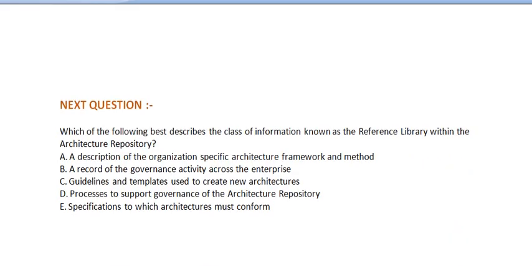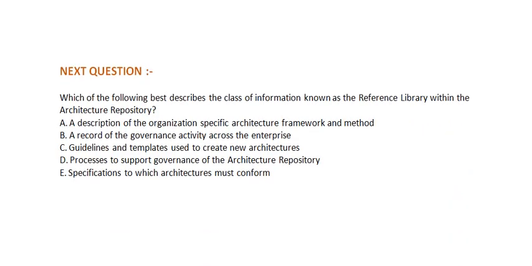Next question is: which of the following best describes the class of information known as the reference library within the architecture repository? Option A, description of the organization specific architecture, framework and method. Option B, a record of the governance activity across the enterprise.